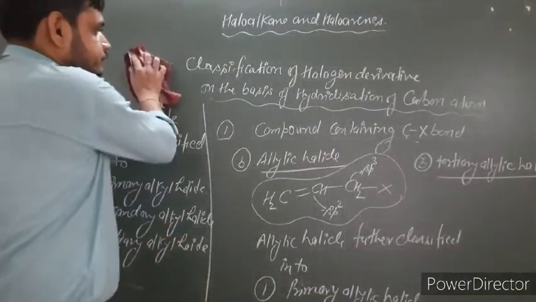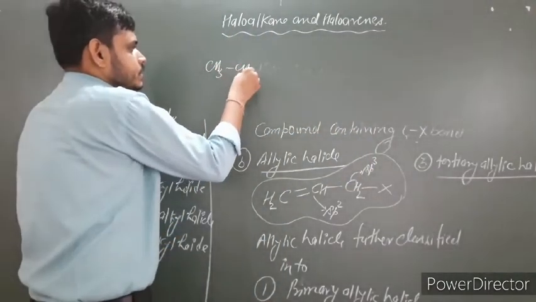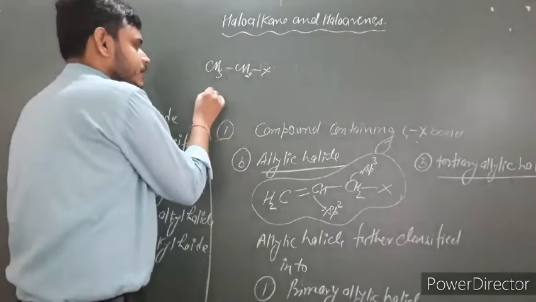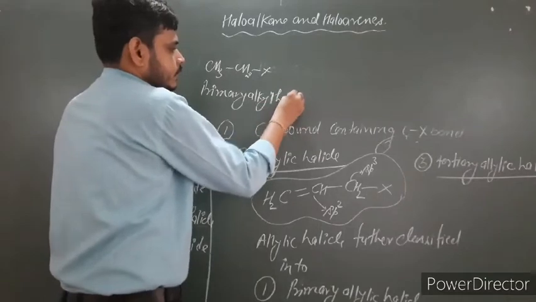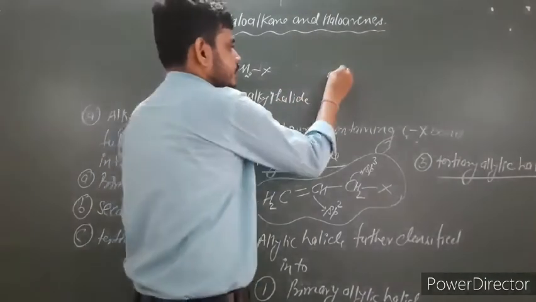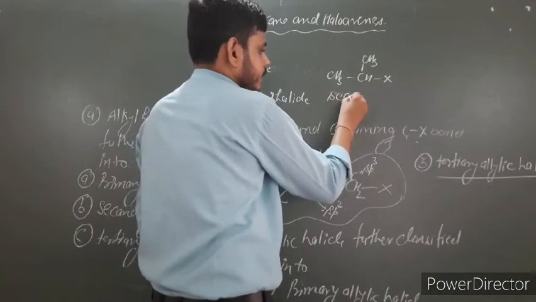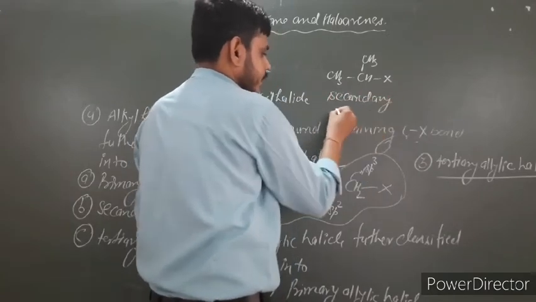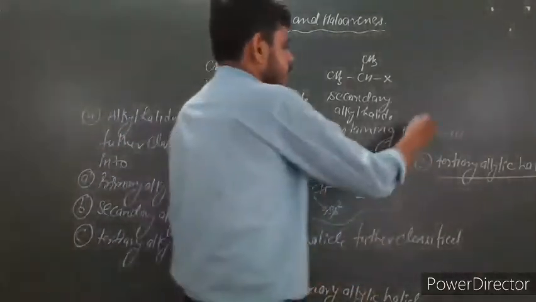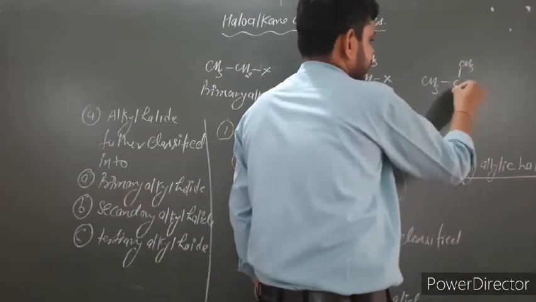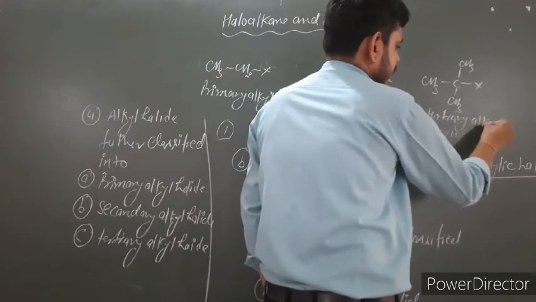For example, CH3CH2X is the primary alkyl halide, CH3CH(CH3)X is the secondary alkyl halide, and last, (CH3)3CX is the tertiary alkyl halide.